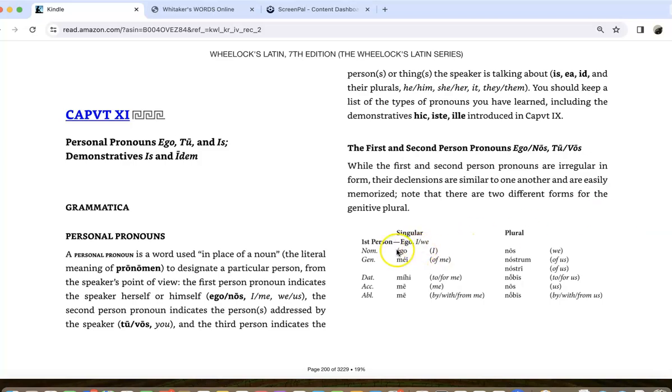And so this allowed the speaker to emphasize some particular point of view. So instead of saying, I believe, or I feel, instead of just saying sentio, you could say ego sentio, which alerts the reader that you're putting a bit of emphasis on that feeling. So please take a look at this and read it carefully.